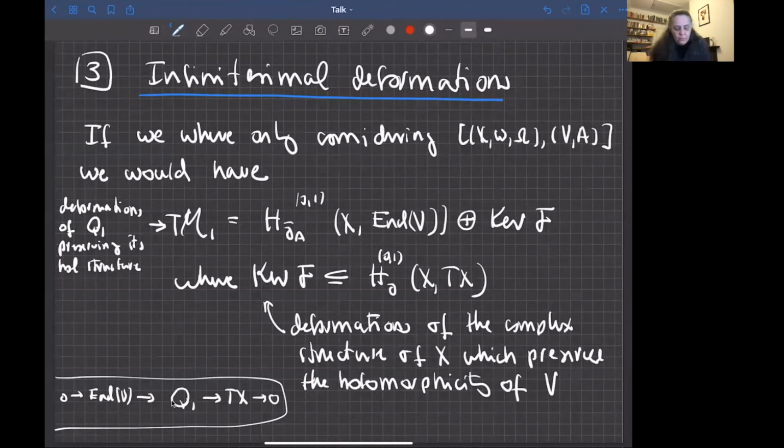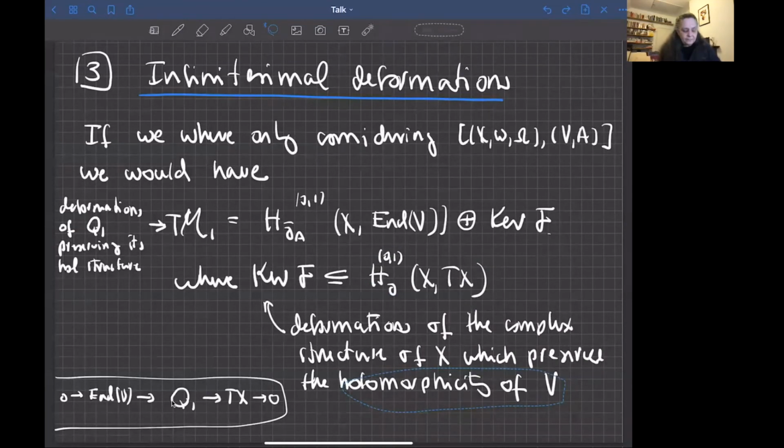But what Atiyah tells you is that of course you cannot allow for all possible deformations of the complex structure of X that preserve integrability of the complex structure, because some of those do not preserve the holomorphicity of the bundle, right? So this kernel of F is precisely the condition that picks from all the possible deformations of the complex structure those that preserve the holomorphicity of the bundle.